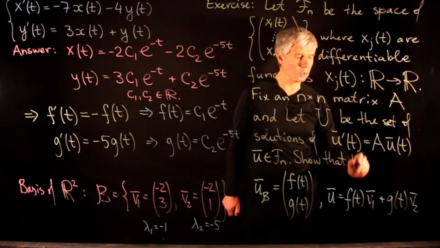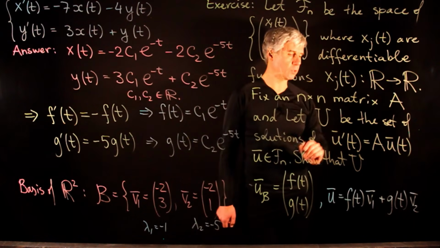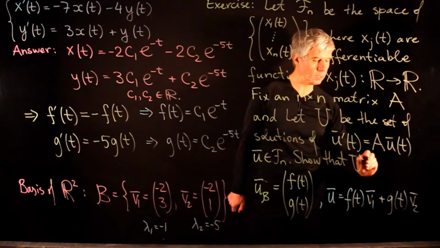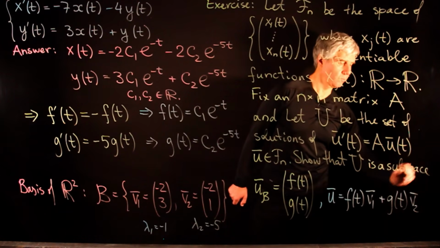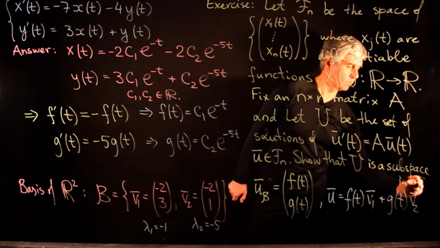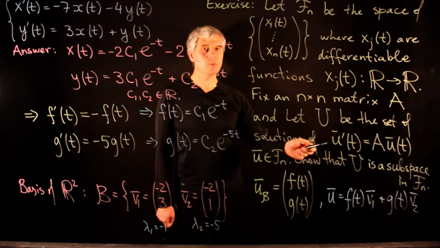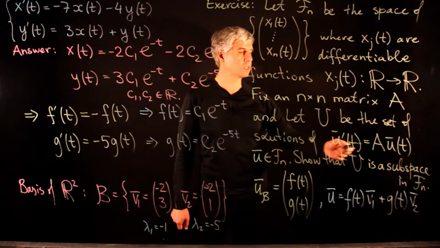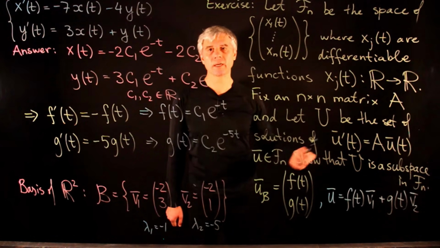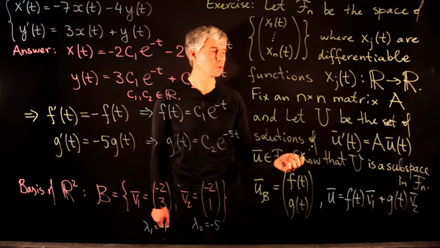Show that this set U, the set of solutions of these differential equations, is a subspace in Fn. So this would mean that if we take two solutions of this system of differential equations, then their sum is again a solution.